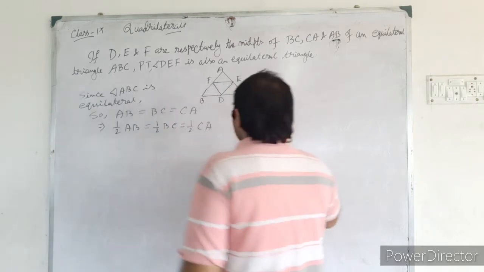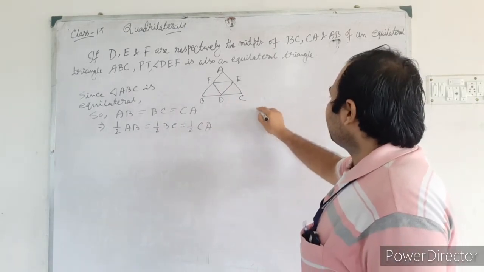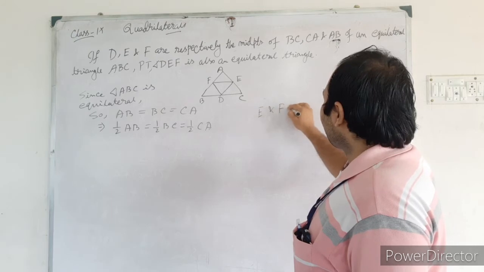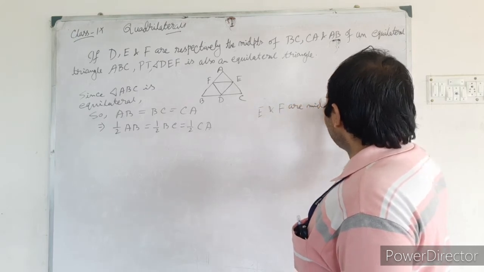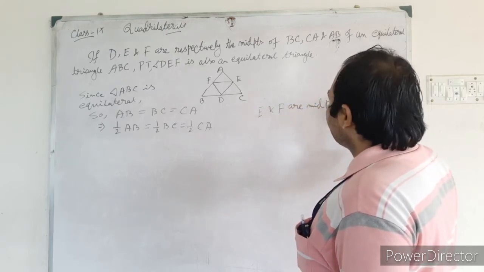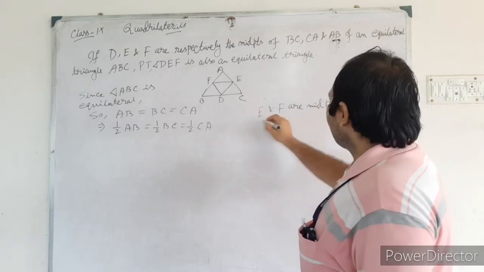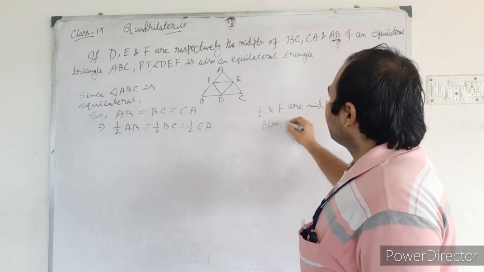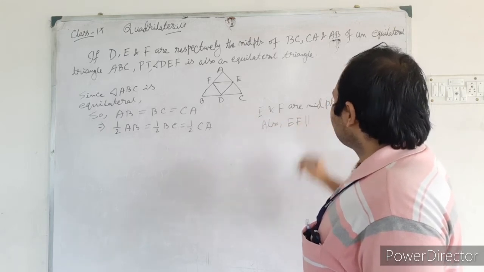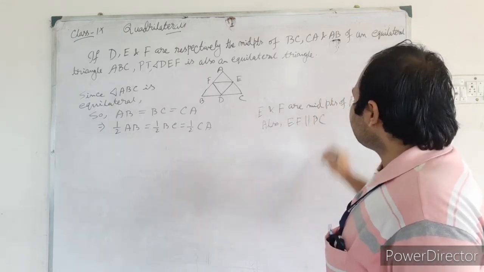Now let us write here, E and F are midpoints of AB and AC. Also, EF is parallel to BC.